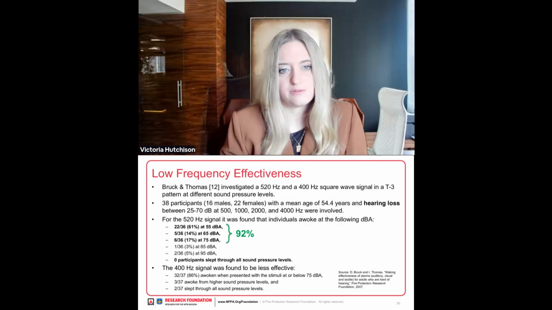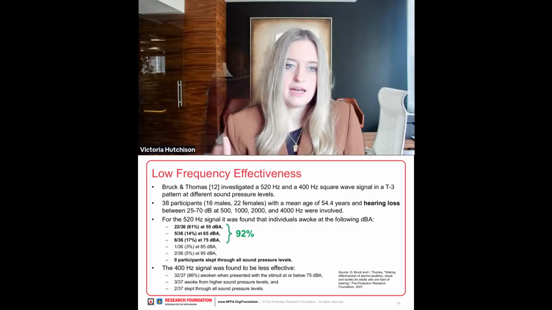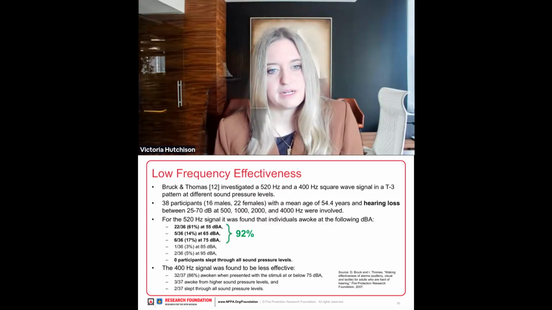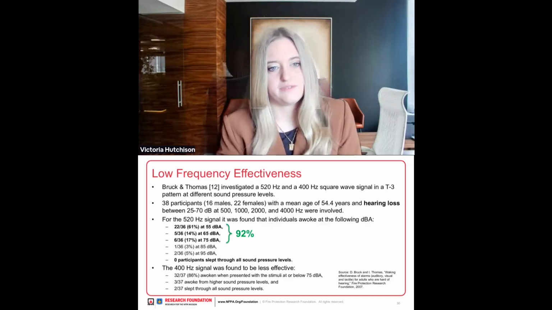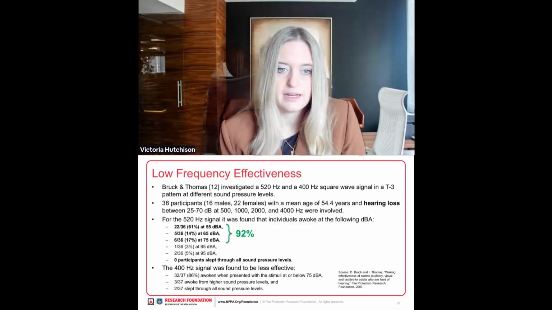For the 520 hertz signal, it was found that individuals awoke in the following breakdown. Intensity kept increasing, but between 55 and 75 dBA, about 92 percent awoke to those tones.